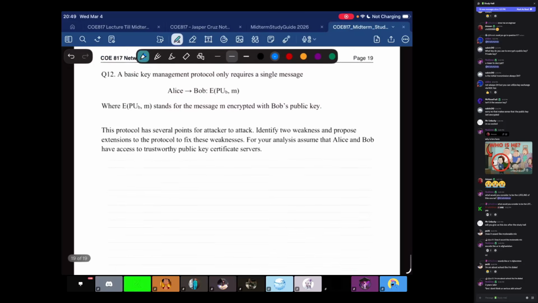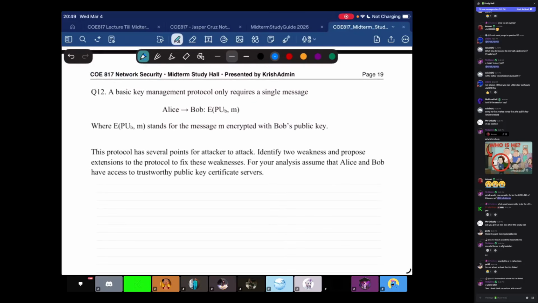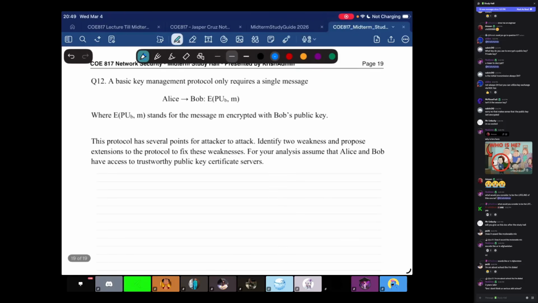Okay, question. A basic key management protocol only requires a single message: Alice to Bob, encrypted with Bob's public key, and the message M. This protocol has several points for attackers to attack.